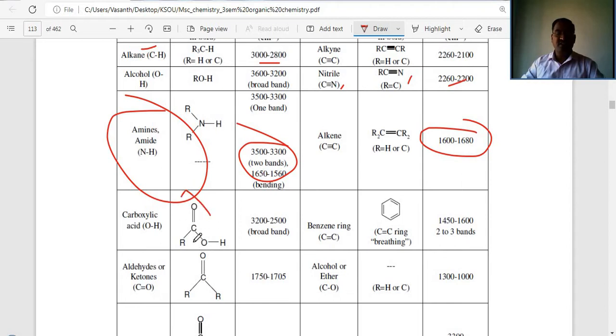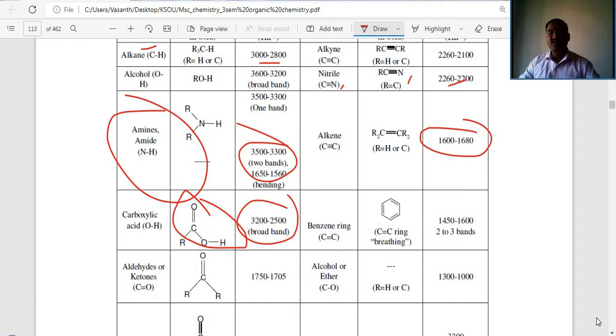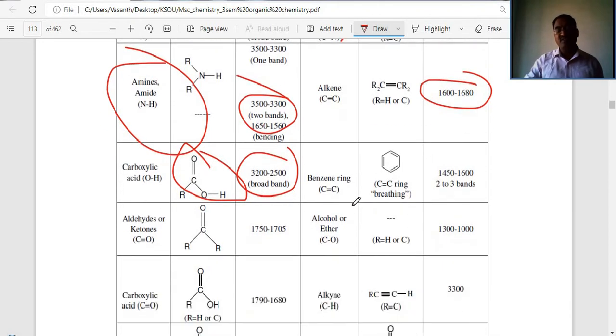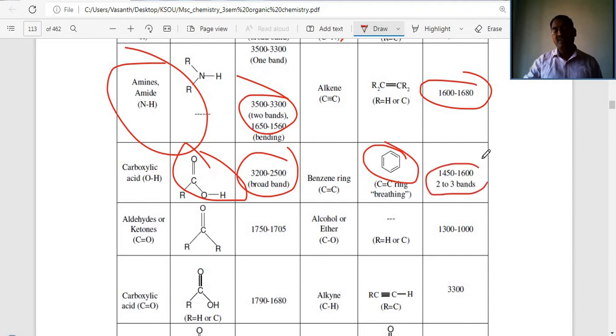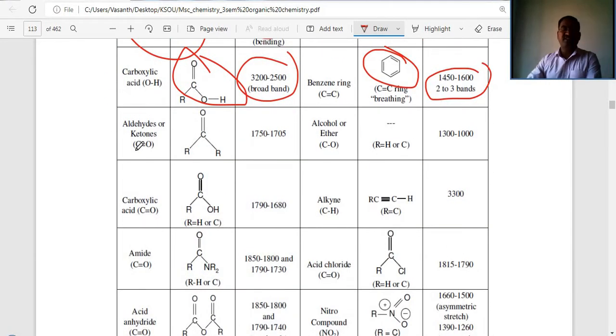For carboxylic acid, RCOOH, the functional group absorbs at 3200 to 2500, a broad band. For the benzene ring, a carbon-carbon ring, the ring breathing is at 1450 to 1600.